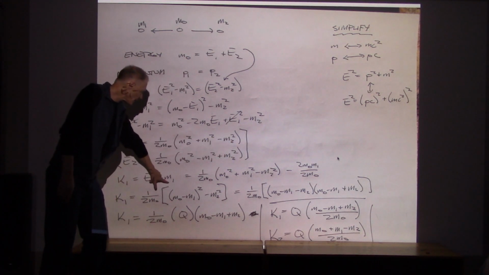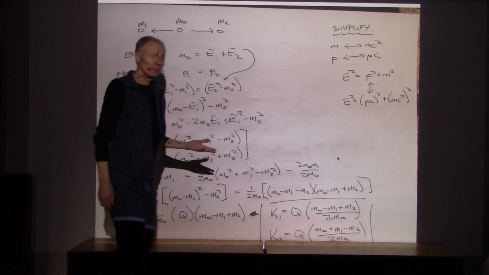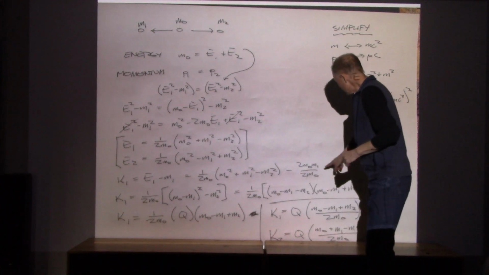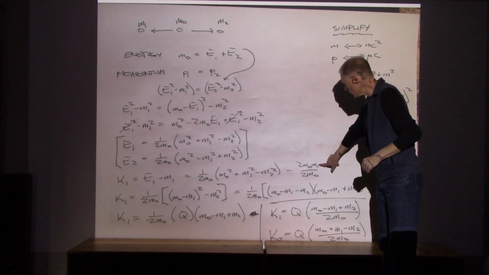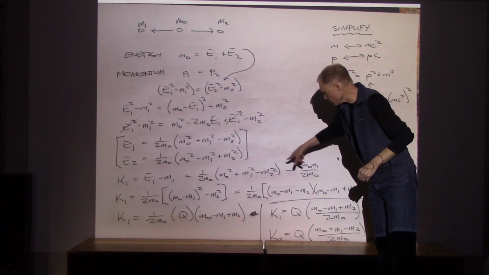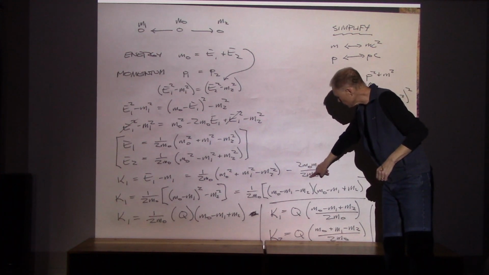Then from that, I need to subtract off m1. In order to keep a common denominator with the energy expression that I've written, I added factors of 2 m naught above and below.